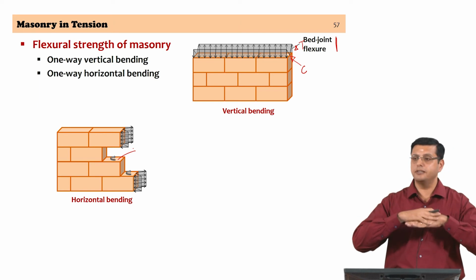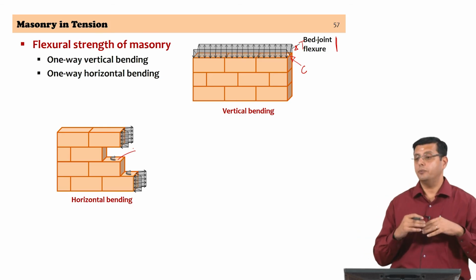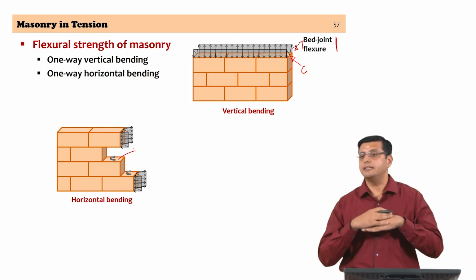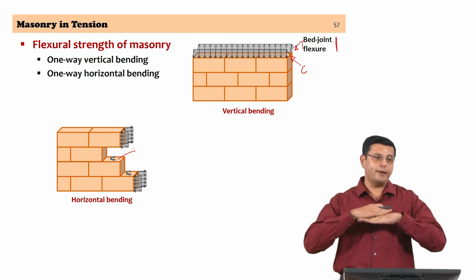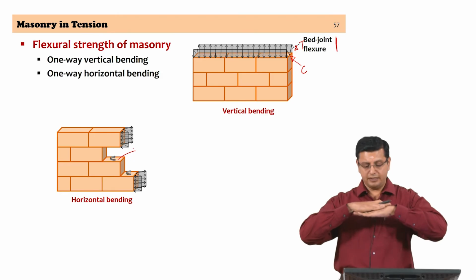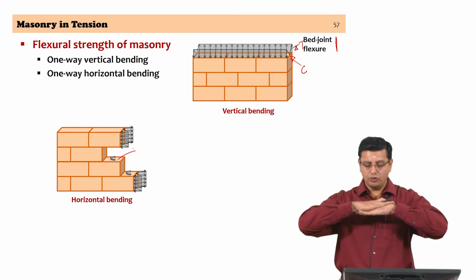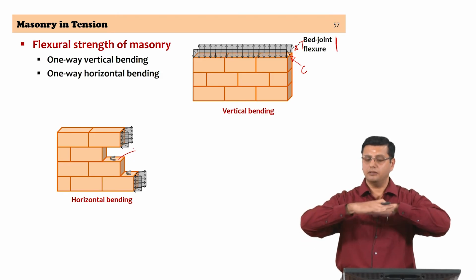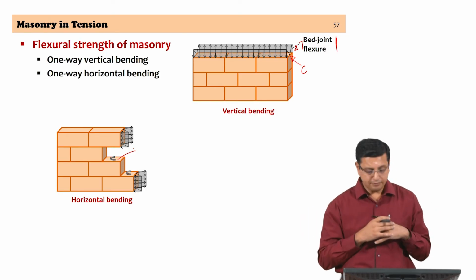So, there will be shear stresses due to torsion, and when we talk of flexural tensile strength parallel to the bed joint, we are really talking of this phenomenon, that the tension is acting to split the unit-bond-mortar interface parallel to the bed joint, right.